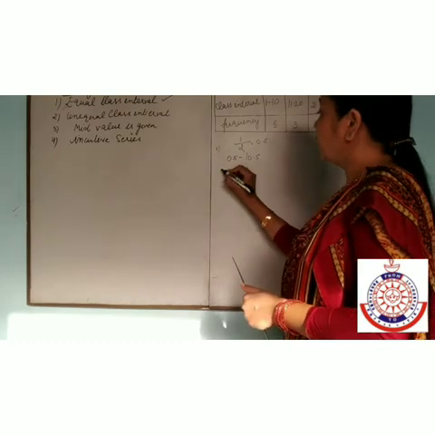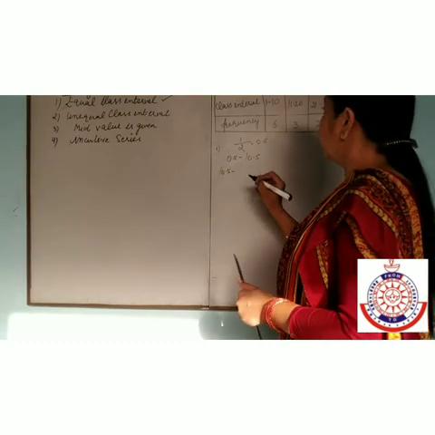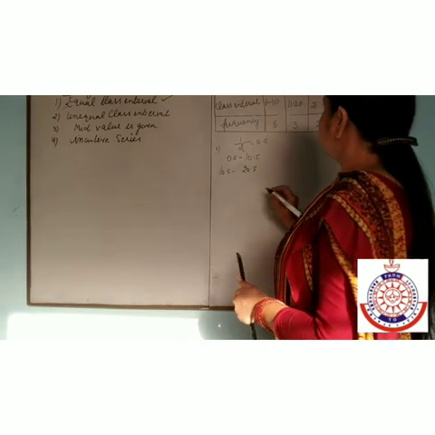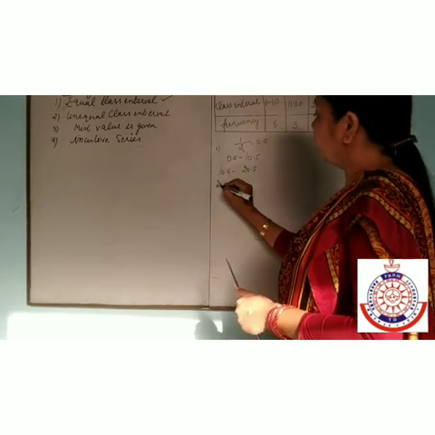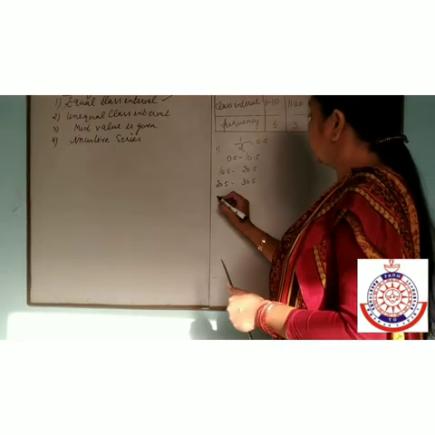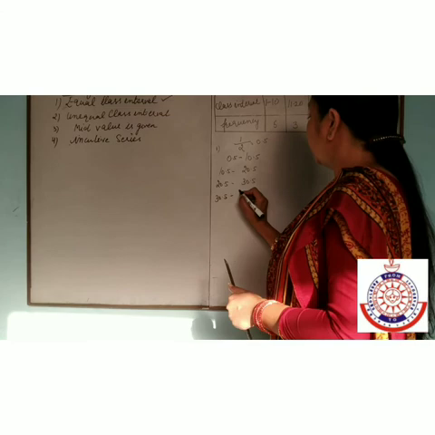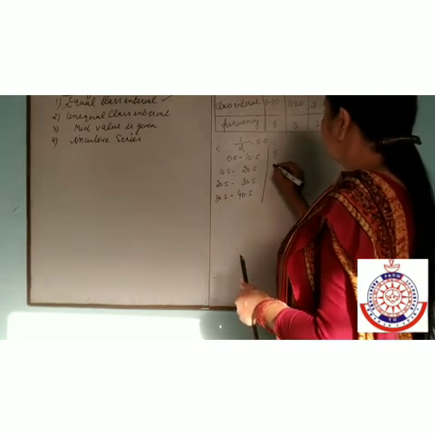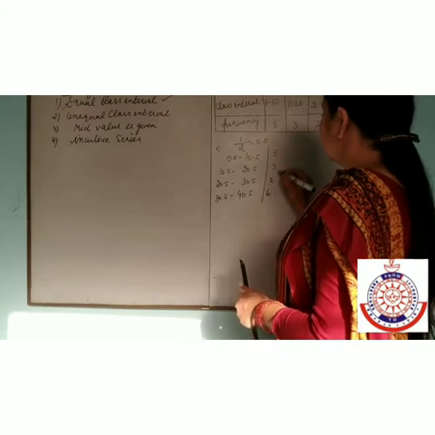Same as 20.5, then 30.5, and 40.5. We will take 5, 3, 2, 6.